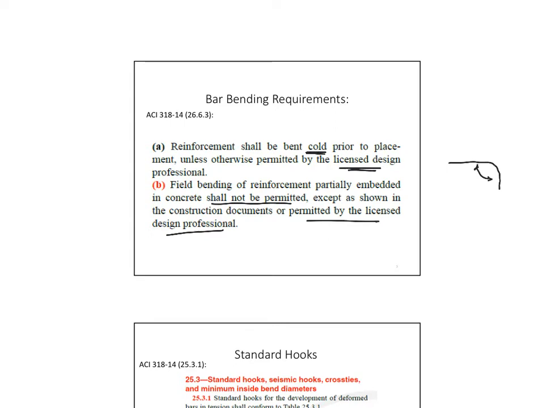So once concrete is surrounding the bar and it's embedded inside, by bending it you will change the shape of the bar, loosen the bar, and reduce the bond between the bar and the concrete. In other words, if I have a bar that will stick out like this and bend like this, make sure that you bend this bar before you cast this member. Okay? You don't cast the member and then bend the bar.